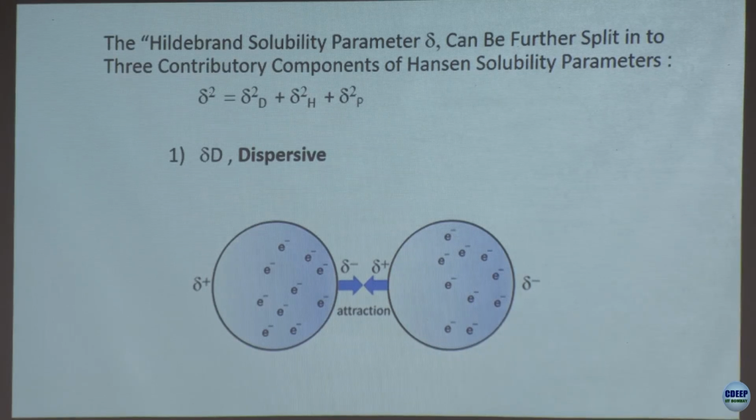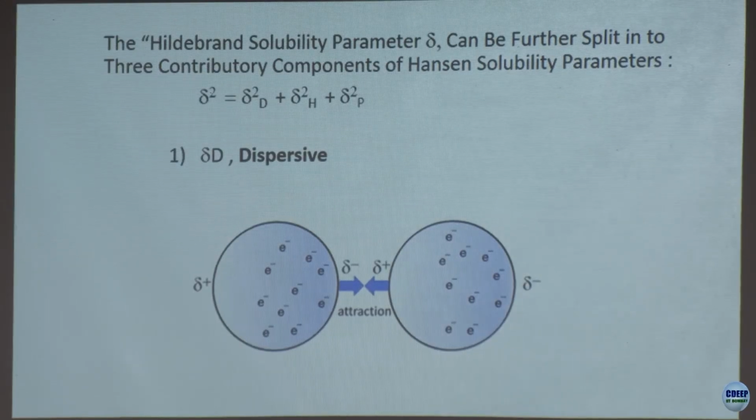Okay, and such molecules also exhibit very high refractive index, because refractive index is again dependent on the electron density. So molecules having very high refractive index would have very high dispersive interaction. I am giving you these clues because you may know something about the refractive index from experiments from physics. But when you are solving a problem in chemical engineering, suddenly that information becomes useful to you. A molecule which has a very high refractive index would also have very high dispersive interaction.